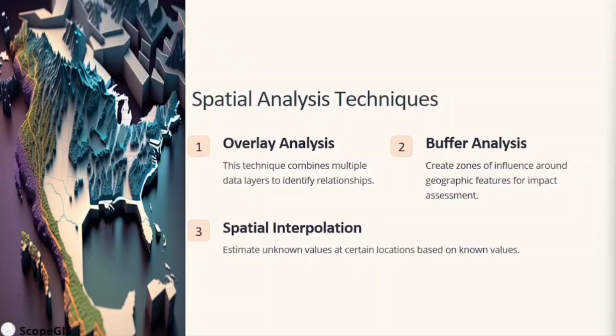So let's say a city wants to identify these areas that are at risk of flooding near a river. So what you do is to create buffer zones at varying distances, maybe 100 meters, 250 meters, 500 meters, even 1 kilometer if that's what you want, around the river.